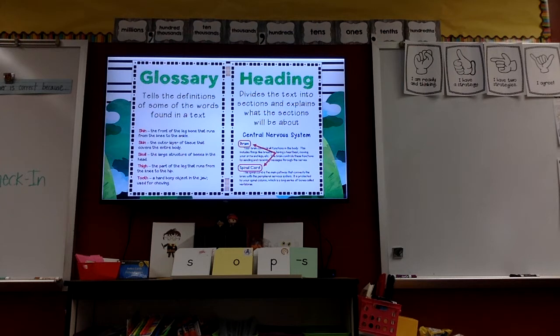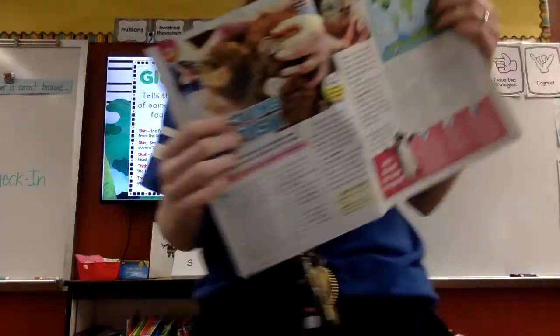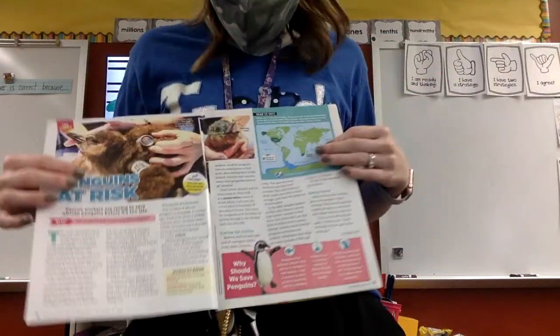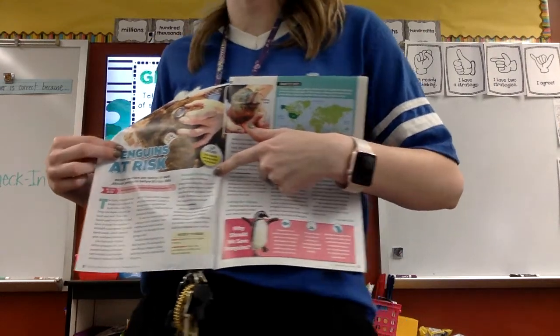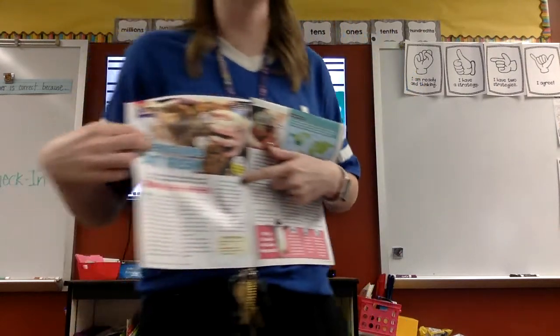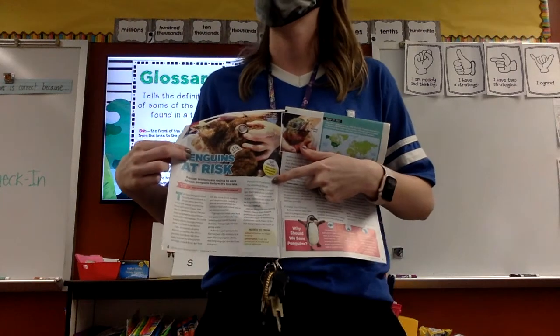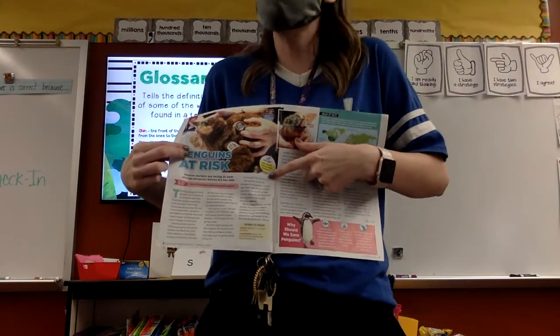So the whole article is going to be about penguins at risk, but some of the sections are going to talk about different things. So the entire article is going to be about penguins at risk. But I know this section is going to be about penguin problems. So I know the next couple of paragraphs are going to be all about what? The problems that penguins have.